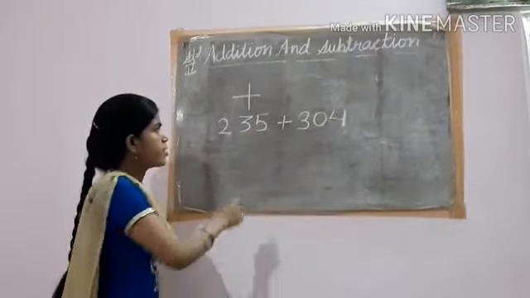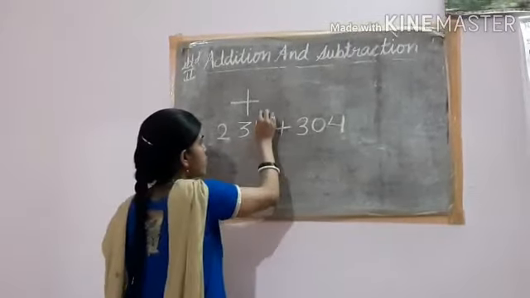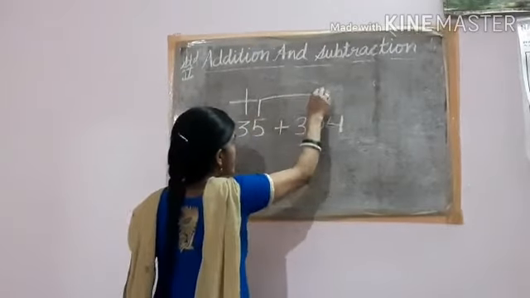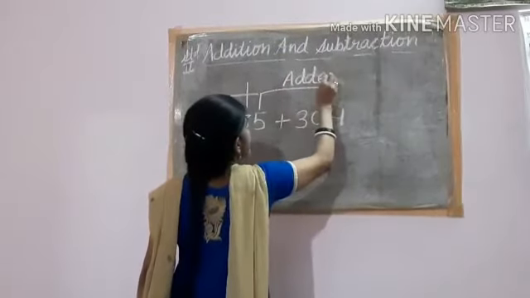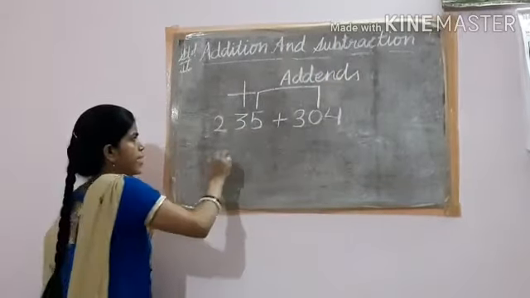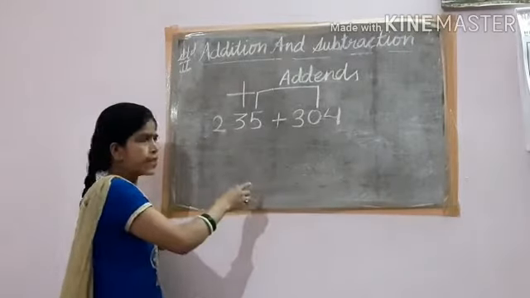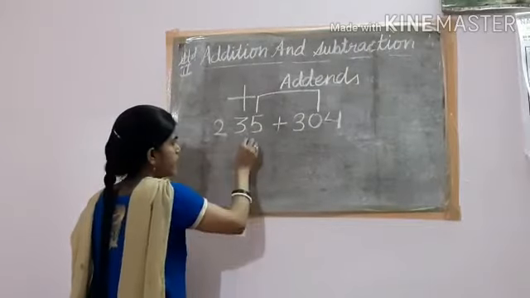Here we have to add these two numbers. These two are called addends.